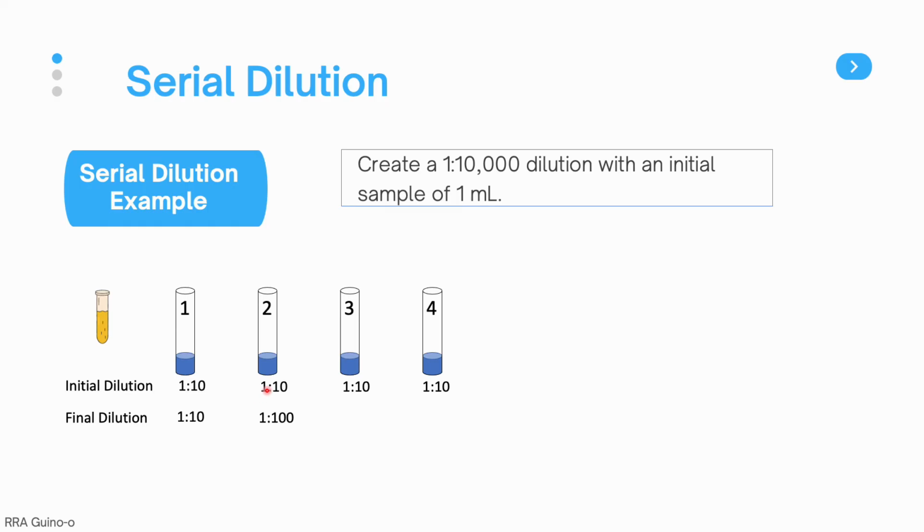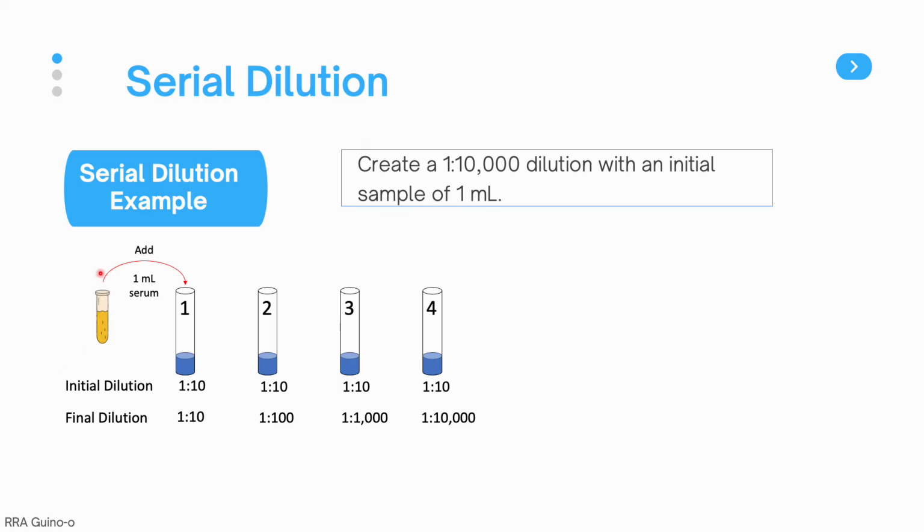If we multiply the two, 1:10 by 1:10, our tube number 2 will get a final dilution of 1:100. Tube number 3 will have a final dilution of 1:1000. And tube number 4 will get a final dilution of 1:10,000. And that's our final desired dilution.